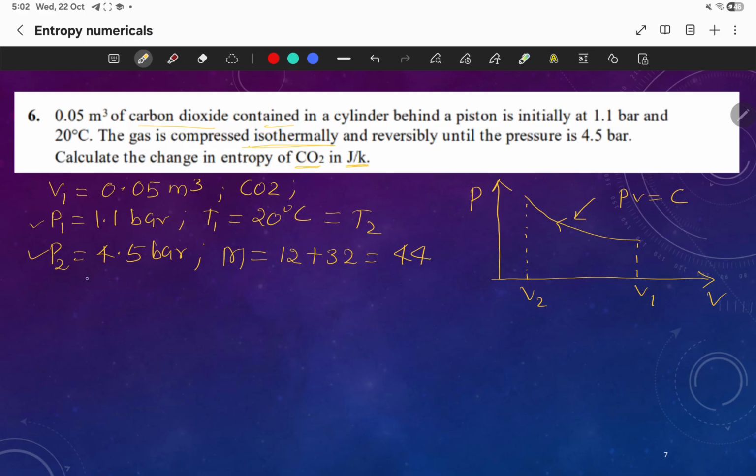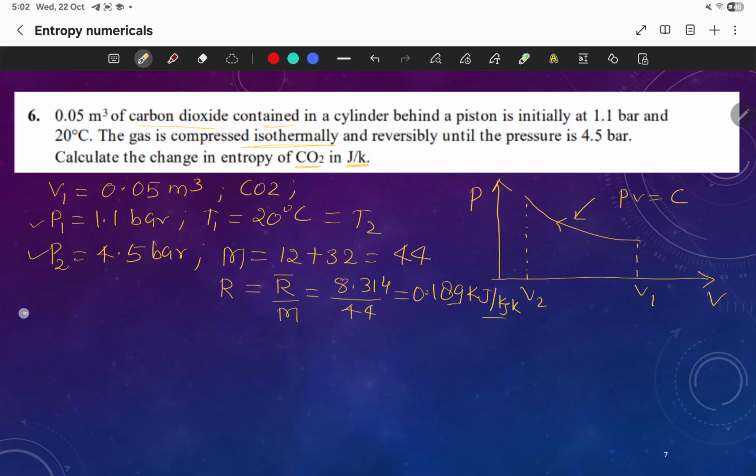Now if I calculate the characteristic gas constant for this CO2, this will be R bar upon M, so this will be 8.314 upon 44. So just do this, we will get 0.189 kilojoule per kg Kelvin.